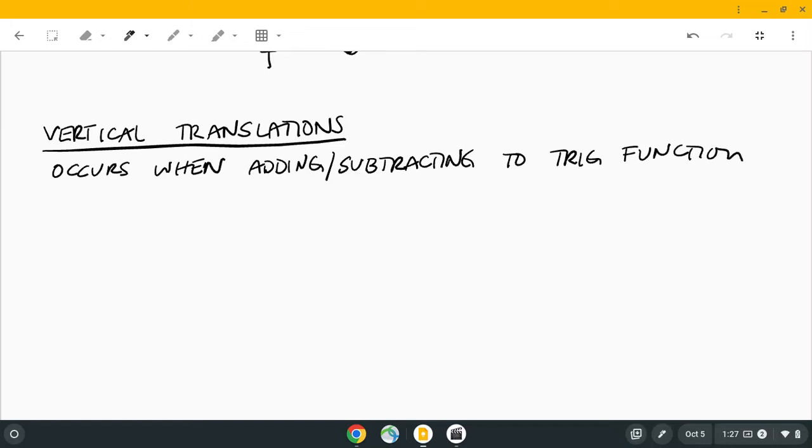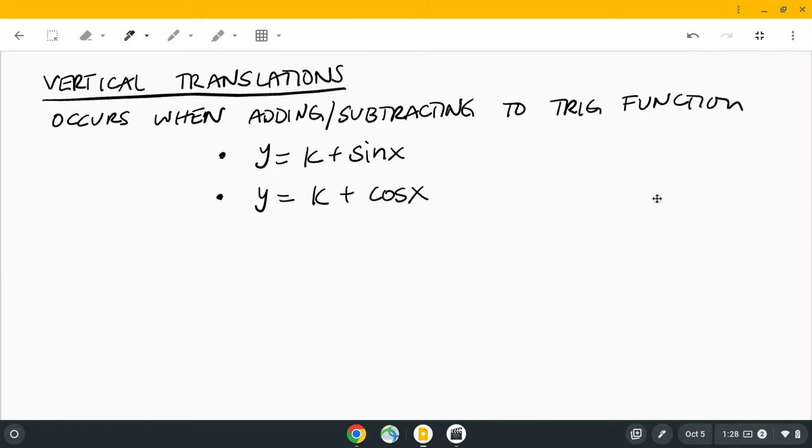So you might have something that looks like y equals k plus sine x. We're going to focus just on sine and cosine, but the same idea still applies to all 6 trig functions.